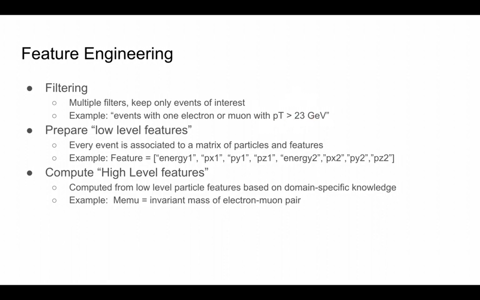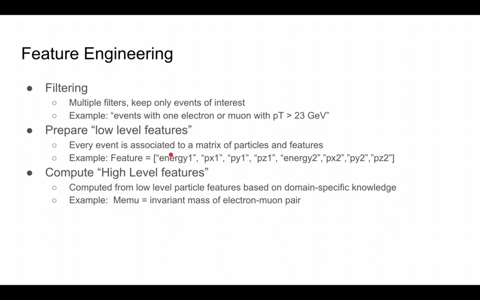After the filtering, we want to prepare low-level features as a preparation of input for the machine learning problems. Every event is associated to a matrix of particles and features. Take one example. The features of one event could be the four-momentum of the first particle and the four-momentum of the second particle.